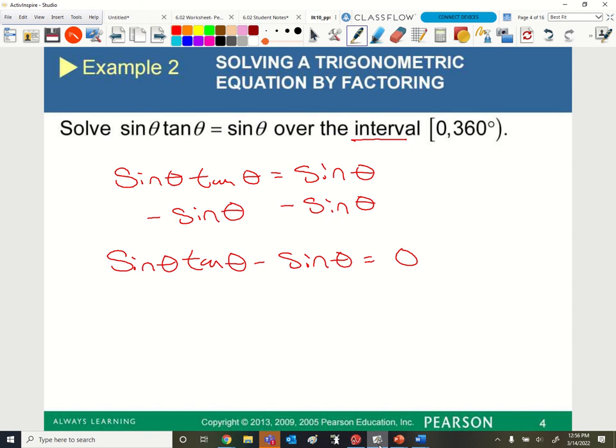After I did this, I now have a solution set of 0 degrees, 45 degrees. What was the next one? 180. And in my solution set, that's what I end up with.